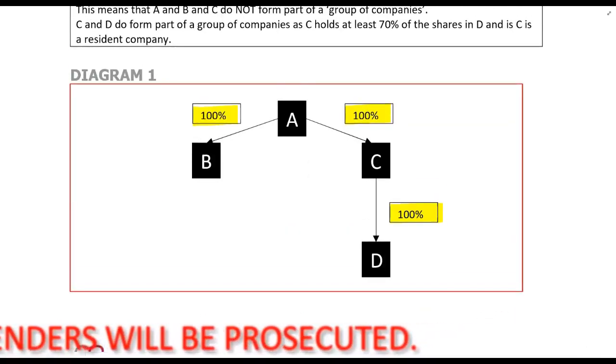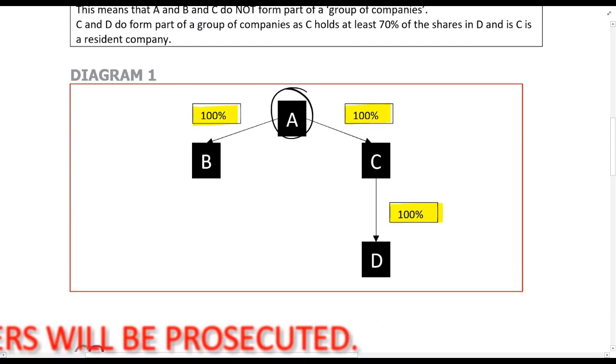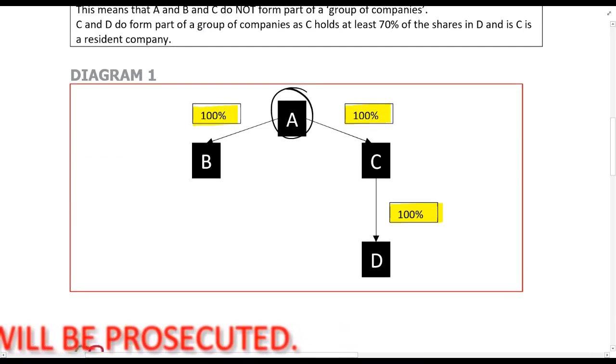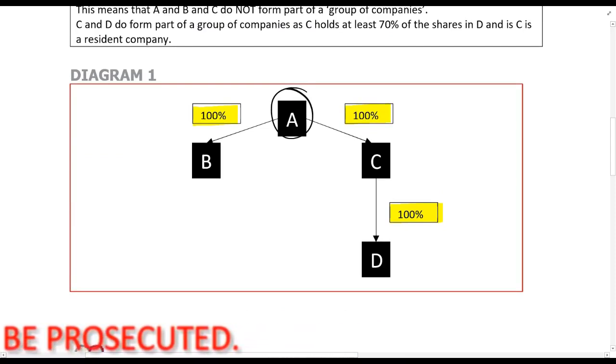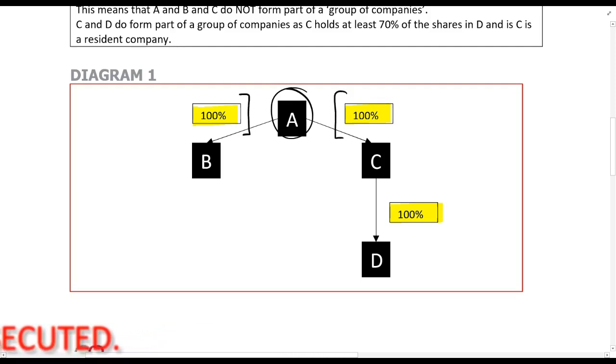Section 1 tells you that one of the companies must have at least 70% of the shares directly in another company. Now it has 100% of the shares in B and 100% of the shares in C. So it meets the requirement for both B and C. So already A, B, and C are all part of a group of companies. A is called a controlling group company, and B and C are called the controlled group companies.